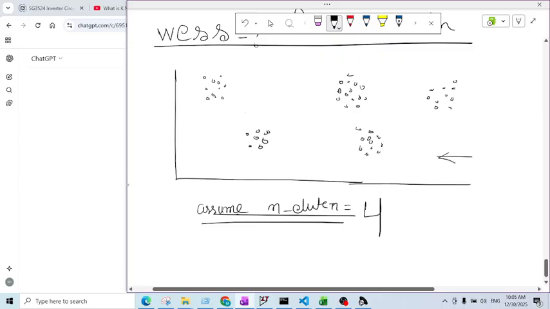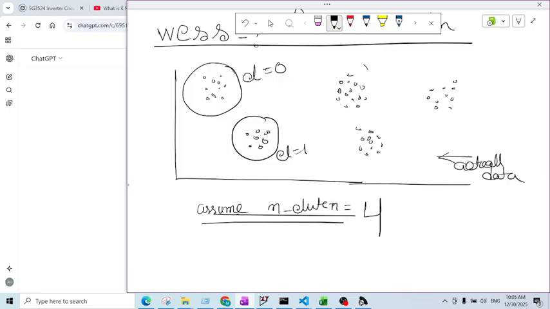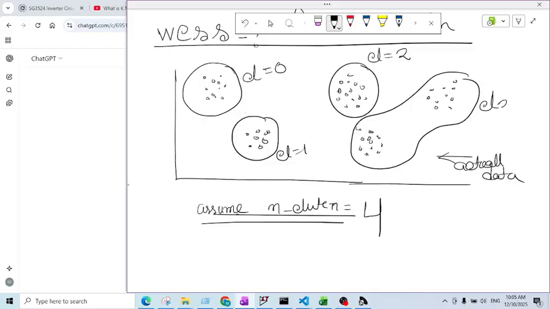These are the actual data, and let's say you assume that the number of clusters is 4. So you assume that these are cluster 0, these are cluster 1, these are cluster 2, and these 2 are cluster 3. That means there are 4 clusters.